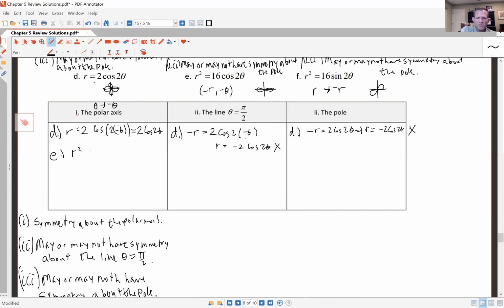So we have r squared equals 16 cosine of 2 times negative theta. Negatives inside cosines, they disappear. So we have r squared equals 16 cosine 2 theta. It didn't change it. So for letter E, we have symmetry about the polar axis.